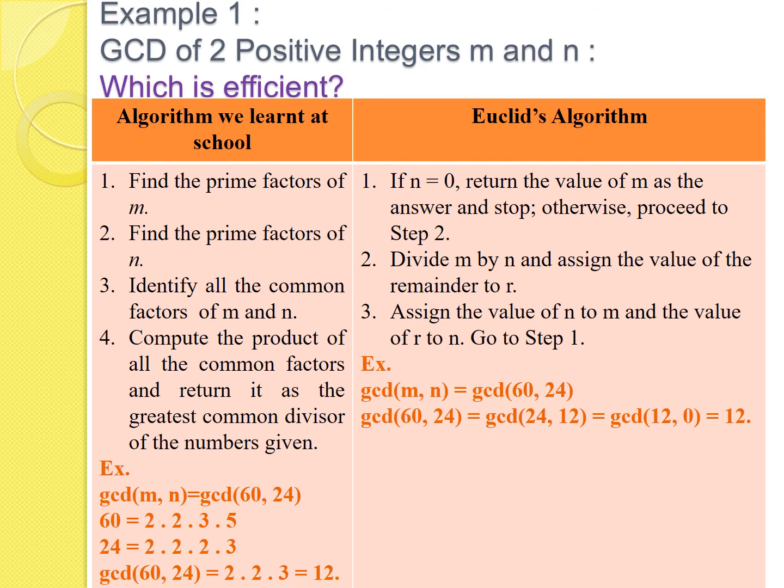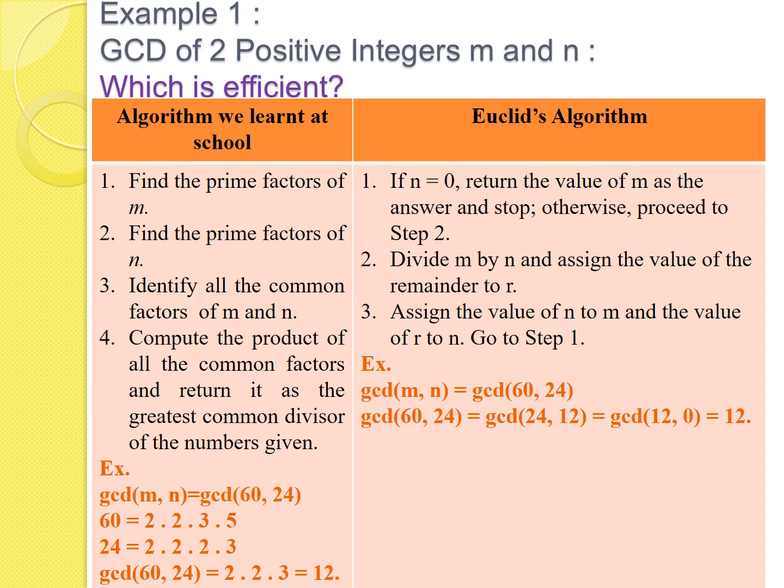So this algorithm starts by finding the prime factors for the integers m and n. Then we identify all the common factors of m and n, find the product, and that is the GCD. As an example, when we find the GCD of 60 and 24, the prime factors of 60 are 2, 3 and 5, and the prime factors of 24 are 2 and 3.